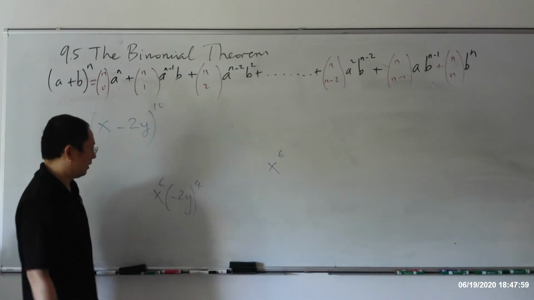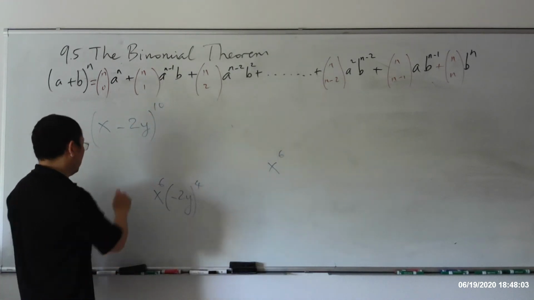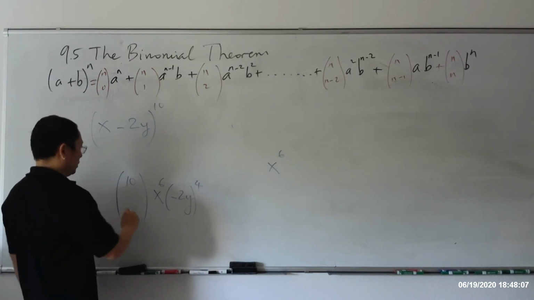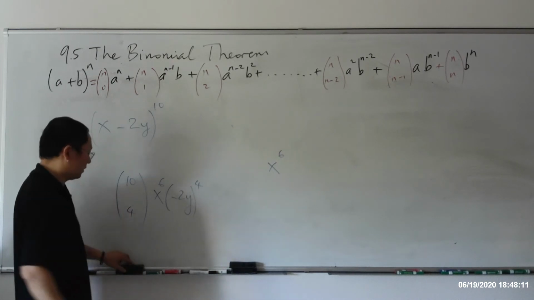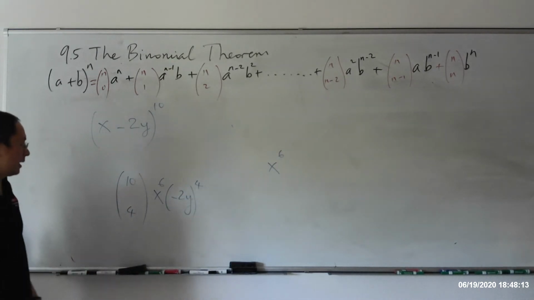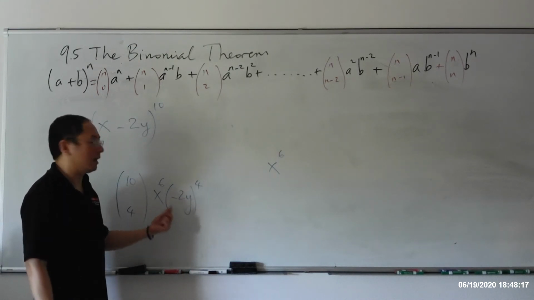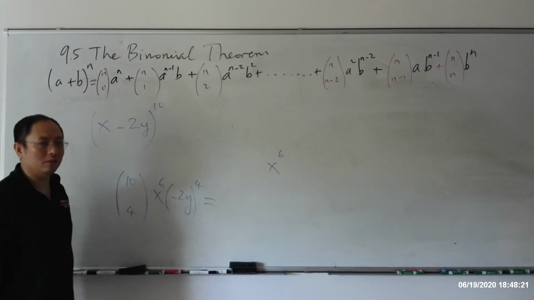How do I know it's 4? Because 6 plus 4 equals 10, the exponent. So the combination in front is going to be 10 choose 6, or 10 choose 4, either way, it's the same. Even though we have a negative sign in negative 2y to the 4th, the term is going to be positive because of the even exponent.